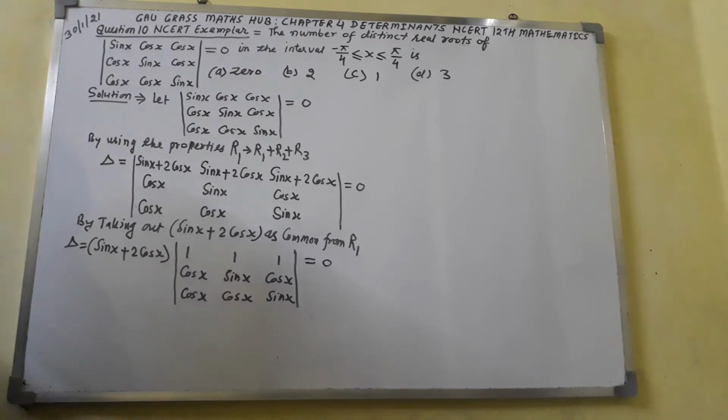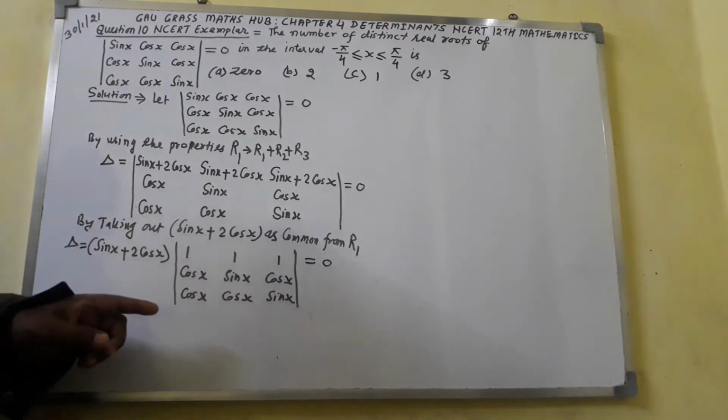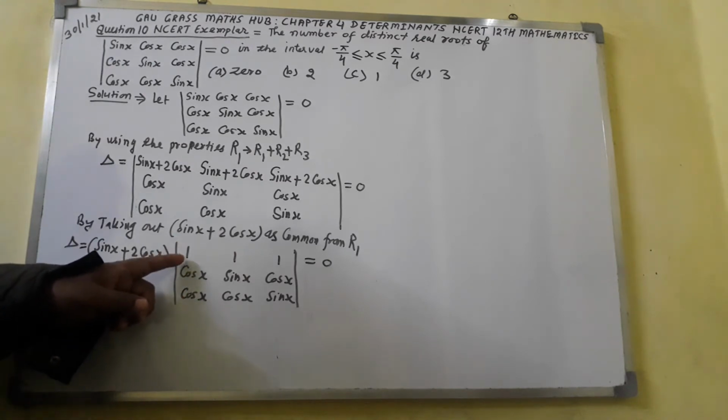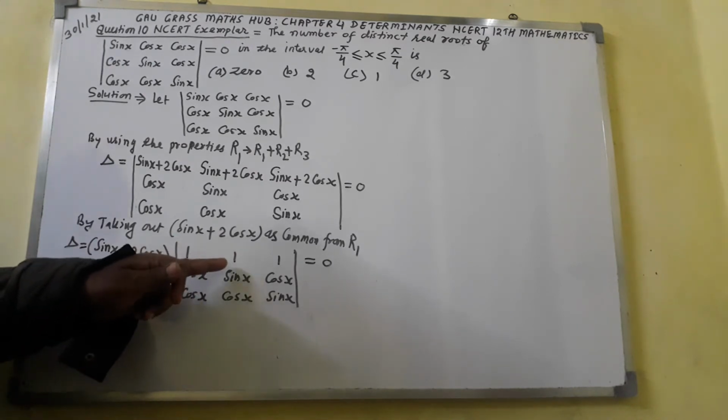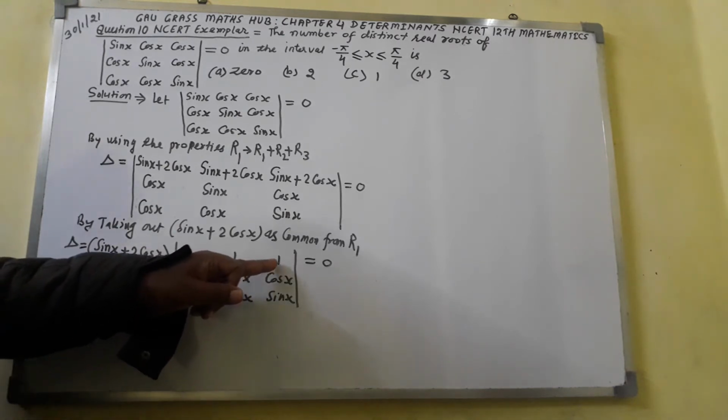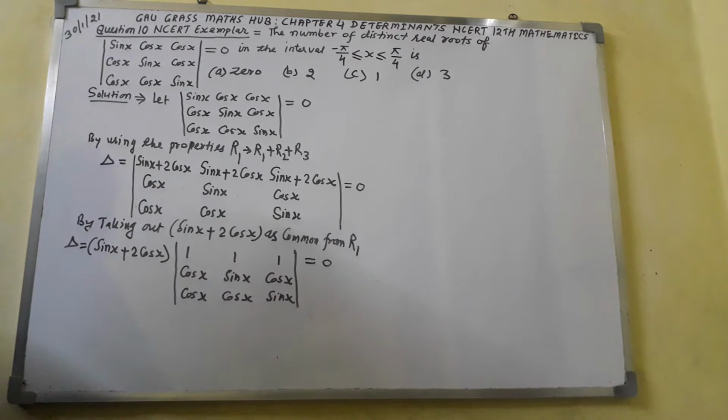Now what will we do next? Here you can see, first column has 1, cos x, cos x, second column 1, sin x, cos x, third column 1, cos x, sin x.